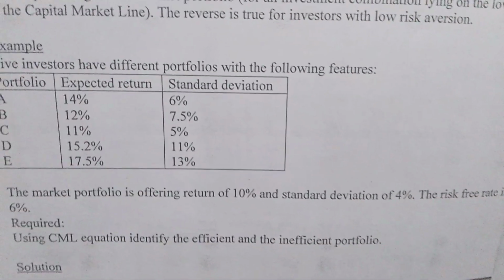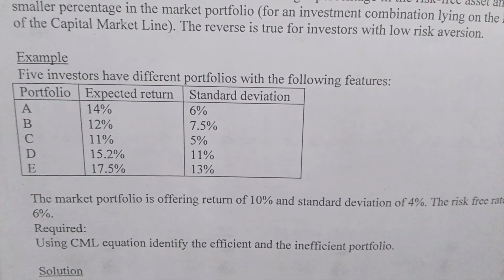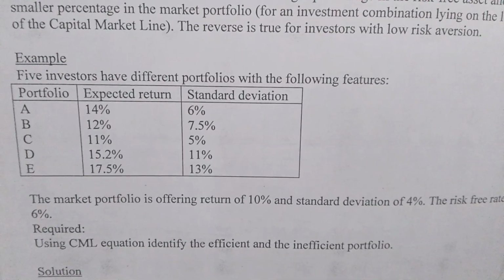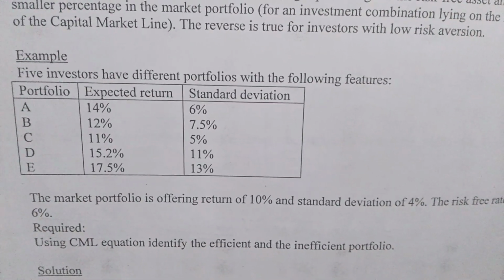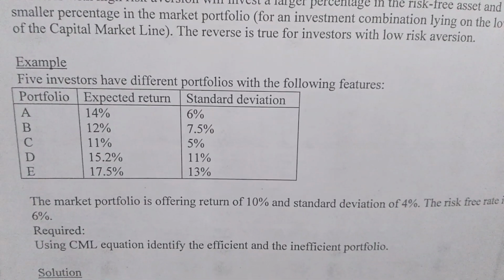Then the expected return for A is 14%, for B 12%, for C 11%, for D 15.2%, for E 17.5%.